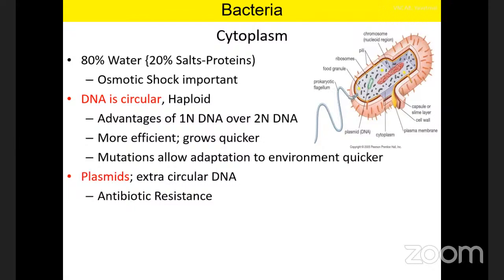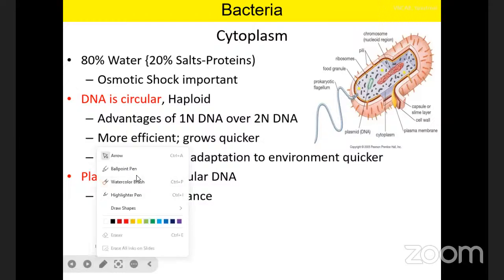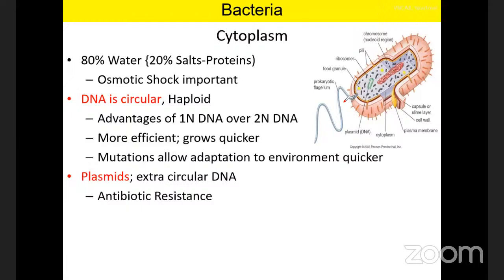There is no histone protein. Along with the nucleoid, the bacterial chromosome, plasmids are also present.